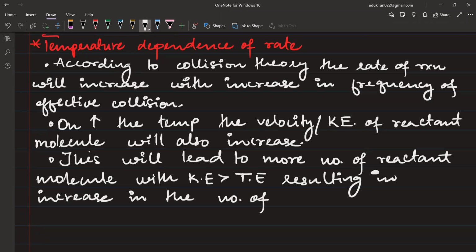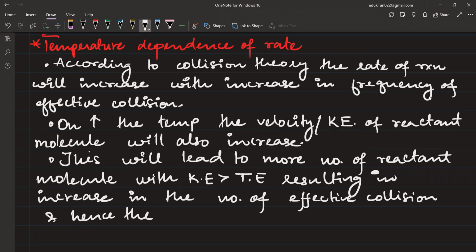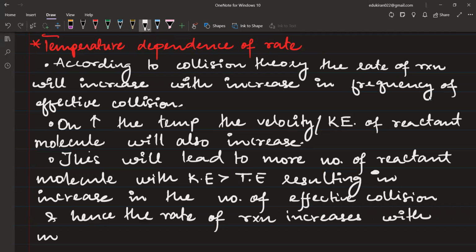The increase of number of effective collisions. And hence the rate of reaction increases with increase in temperature.